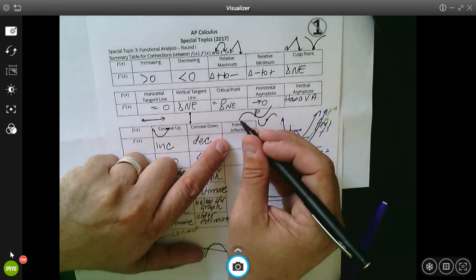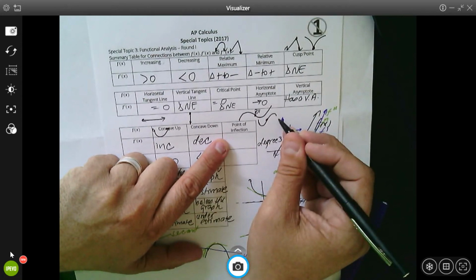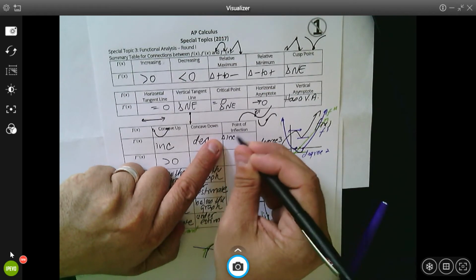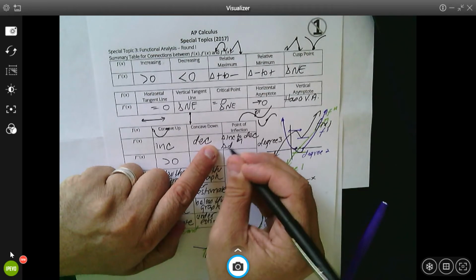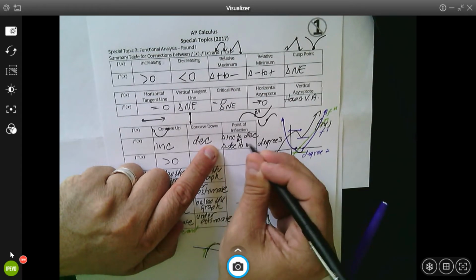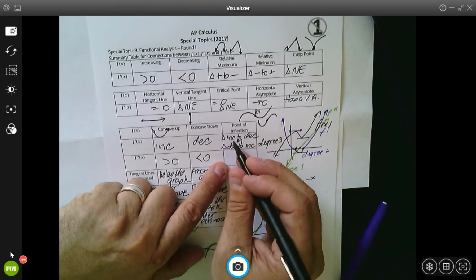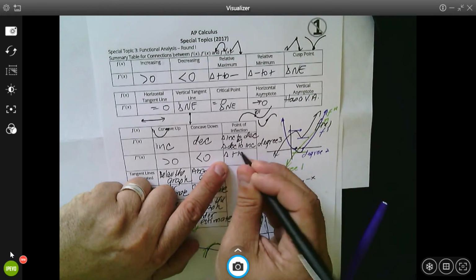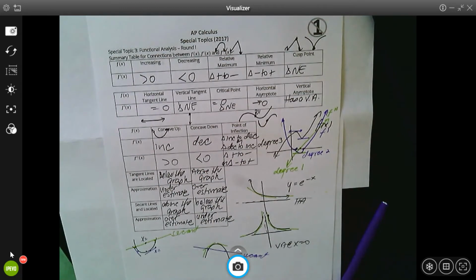If the graph changes from concave down to concave up, or concave up to concave down, what happens is that your derivative makes a change, either from increasing to decreasing, or from decreasing to increasing. If your first derivative changes from increasing to decreasing, then your second derivative changes from positive to negative, or the reverse, from negative to positive.